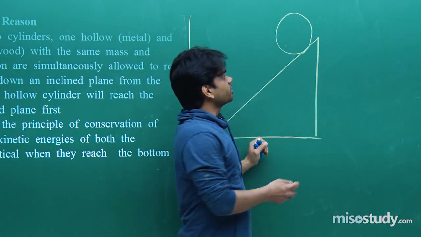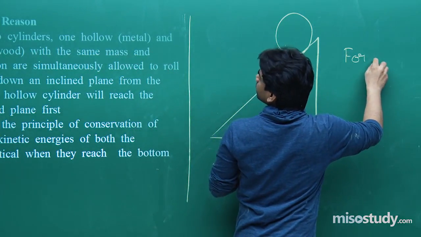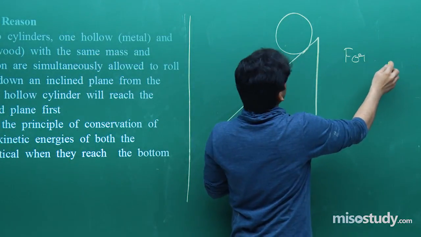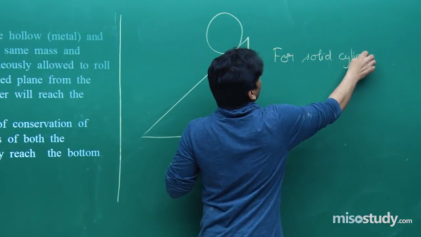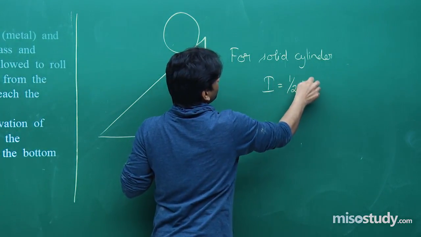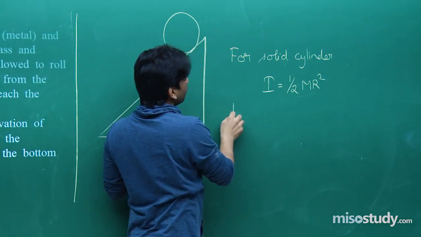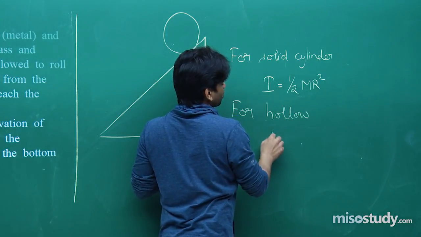Now see, for a solid cylinder, moment of inertia is 1 by 2 mr square, and for a hollow cylinder, moment of inertia is mr square.